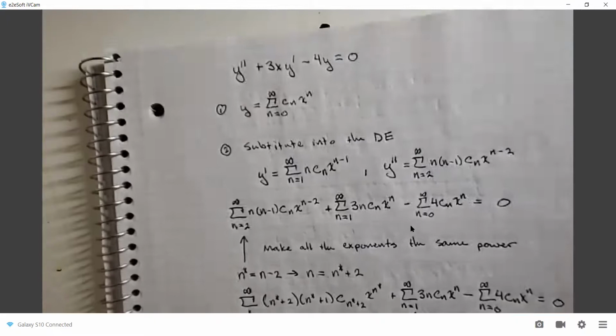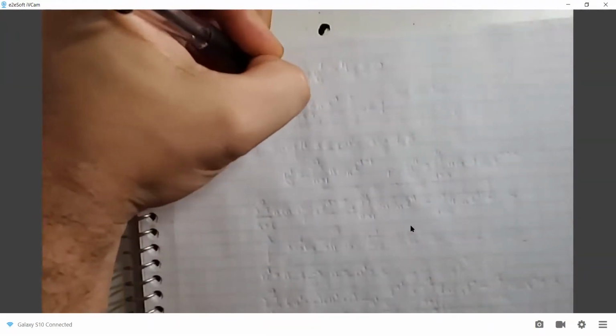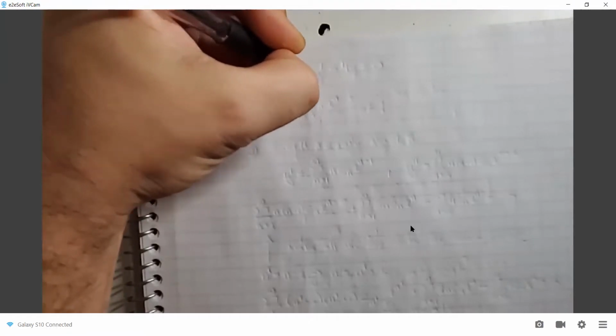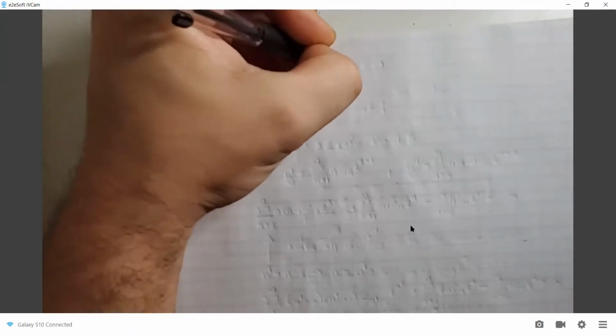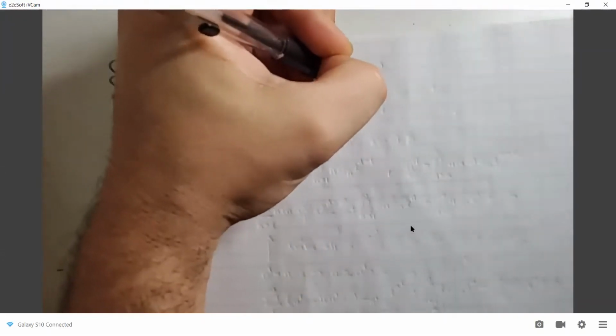Okay, so let me rewrite the recursion formula here. So we've got c sub n plus 2 equals 4 minus 3n over n plus 1 times n plus 2 times c sub n.